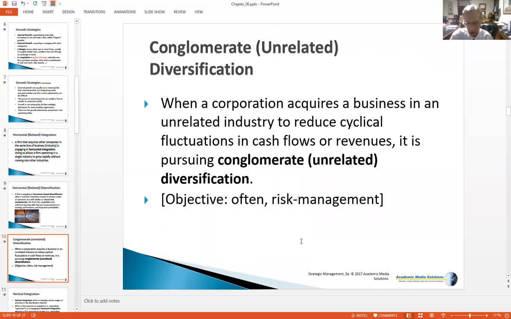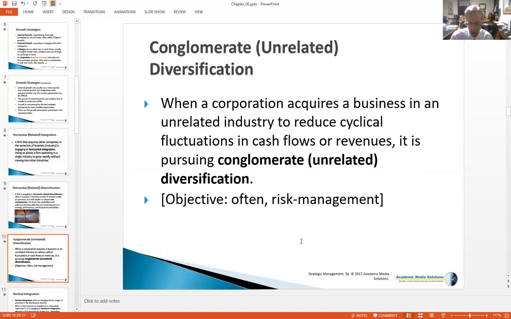So to the extent, especially as I mentioned earlier, back in the 1980s and 90s, corporations wanted to be engaged in industries with different economic or business cycles. And so when one industry was on the increase, it was okay if another one was decreasing, and vice versa.